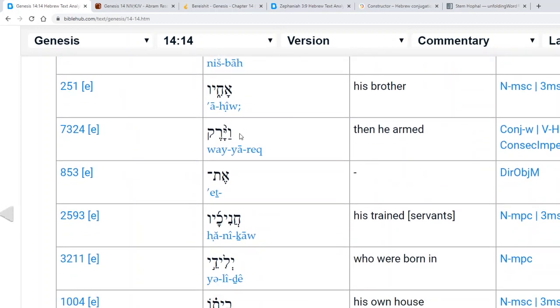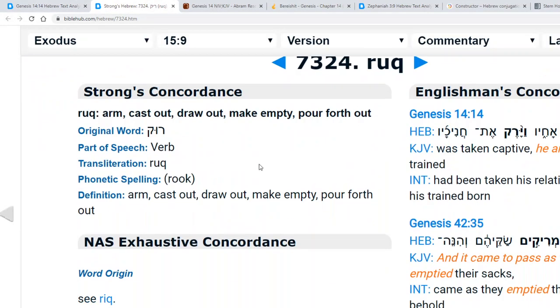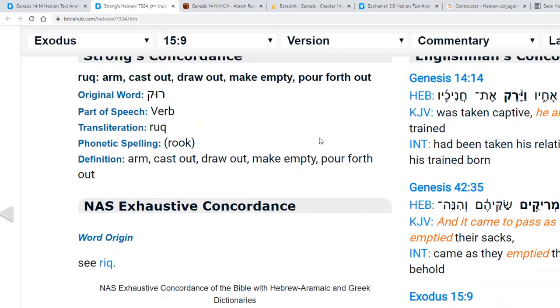Okay. Vayarek. So conjunctive vav, the yud puts it into the imperfect. The root includes resh and qof. So let's see what the concordance is saying. They're saying it's in the hifil of resh vav qof, which means to make empty, which is what I was thinking of, but I was wondering why.